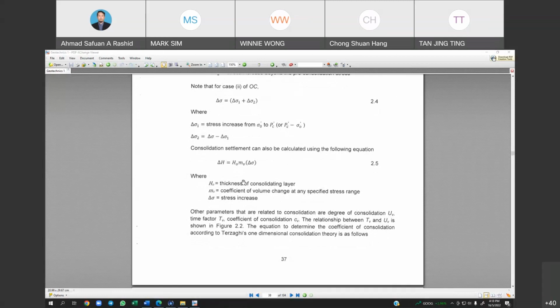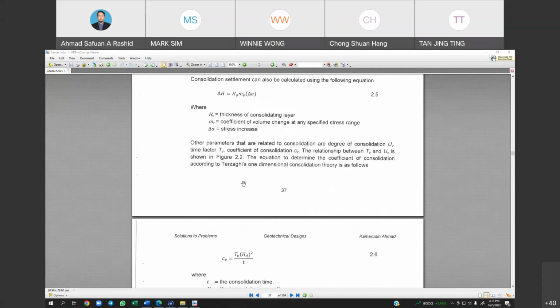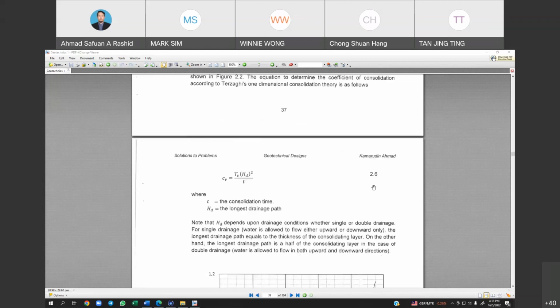Other parameters related to consolidation are degree of consolidation, UV, time factor, TV, and coefficient of consolidation, CV. The relationship between TV and UV is shown in figure 2.2. The equation to determine the coefficient of consolidation according to Terzaghi one-dimensional consolidation theory is as follows.